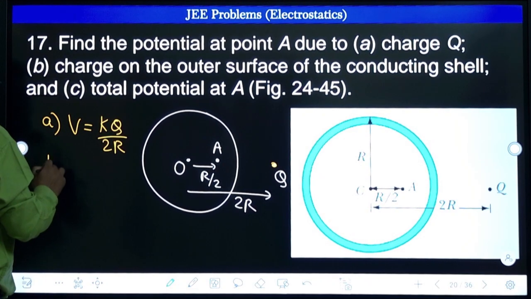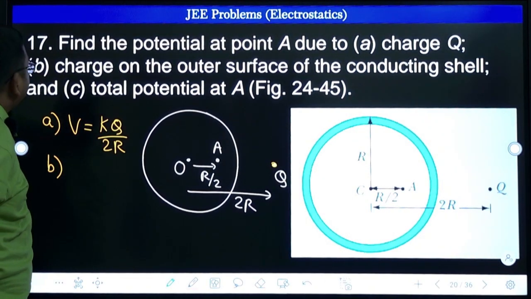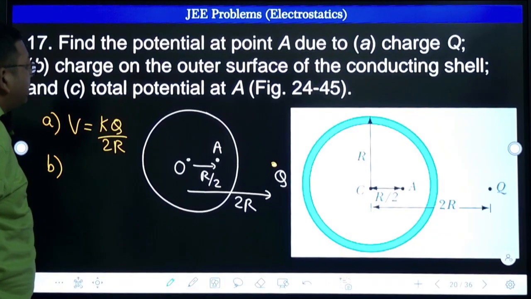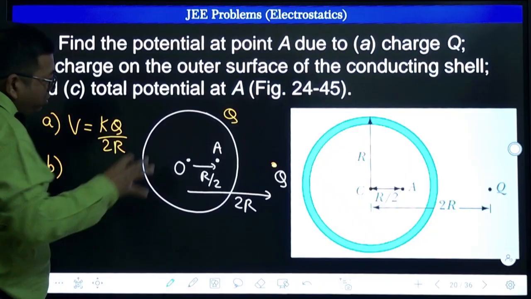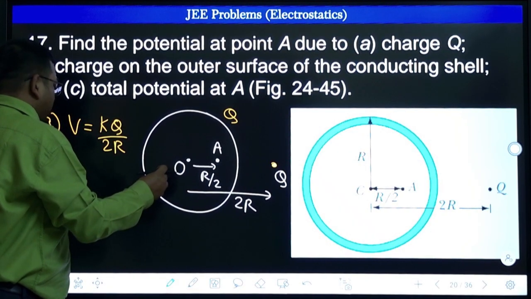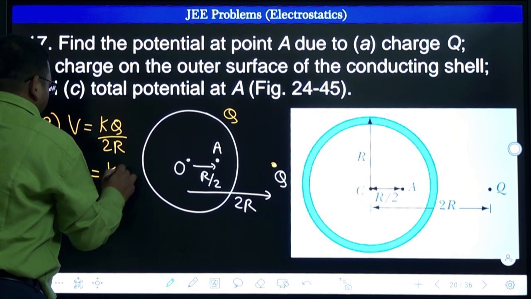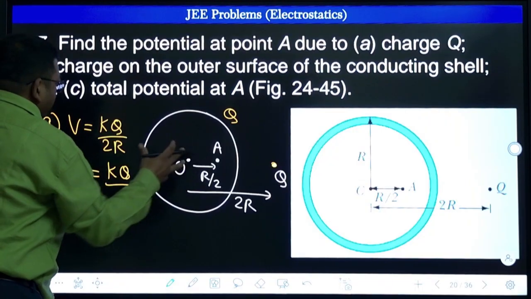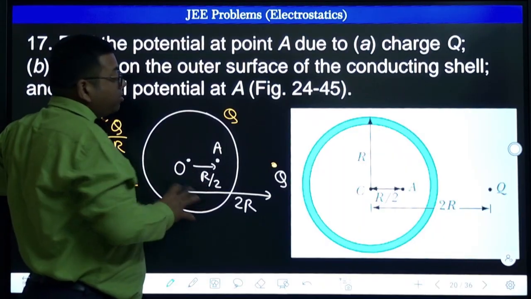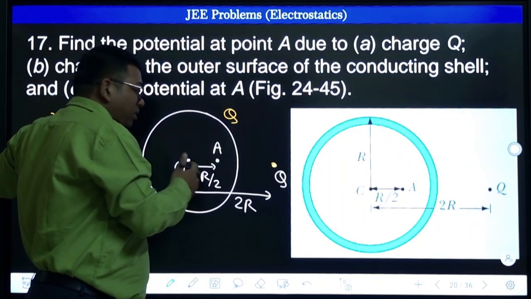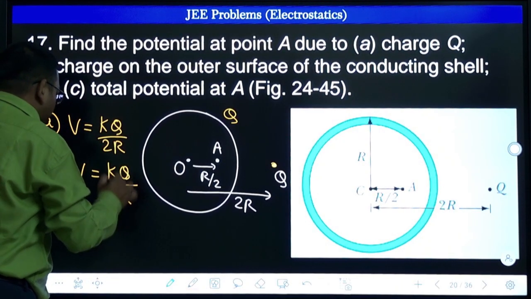Now the second part: potential at A due to the charge on the outer sphere, let us say the charge on the outer sphere is also Q. Now due to this charge, what will be the potential? So potential due to this cell will be KQ by the radius of this cell. This distance is not important because potential remains constant throughout, which is the same as potential at the surface. So that radius R you have to use.